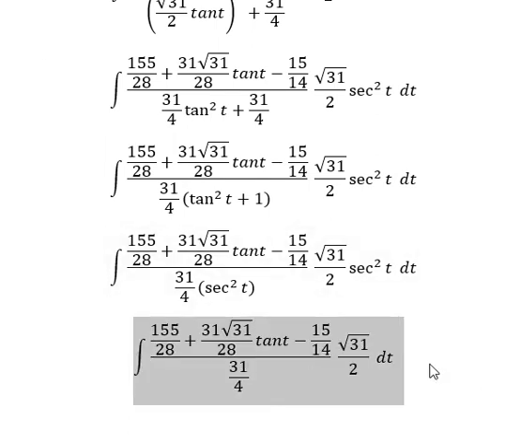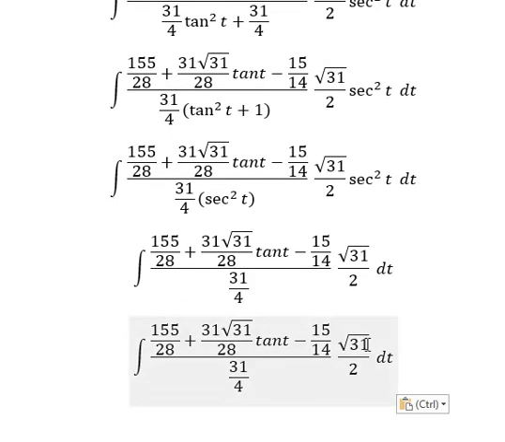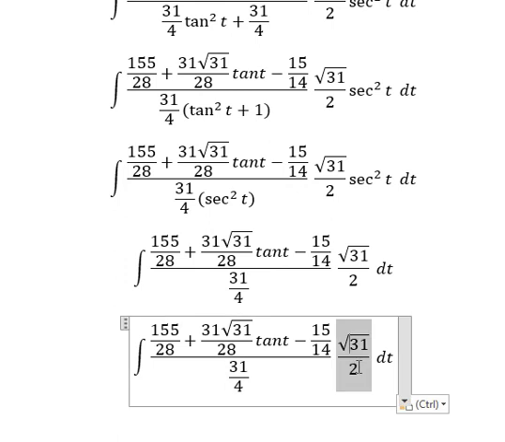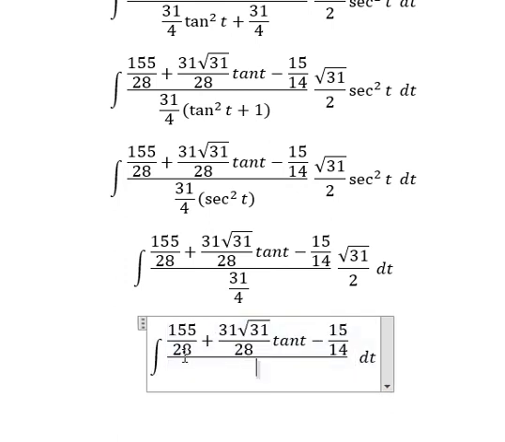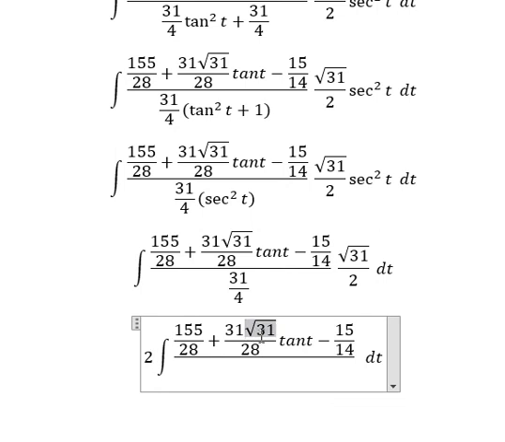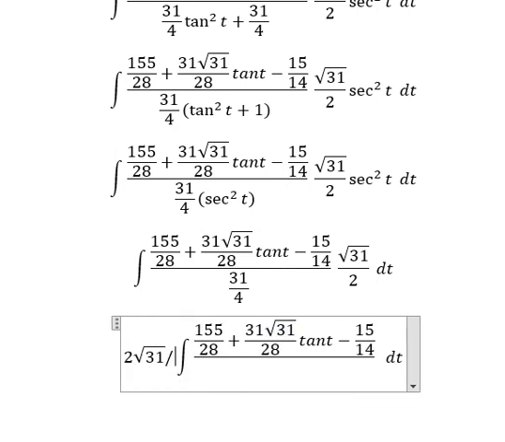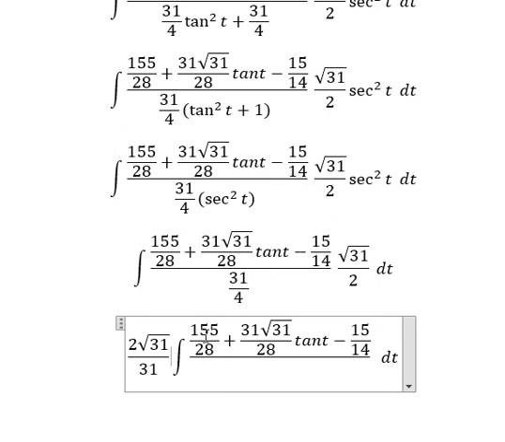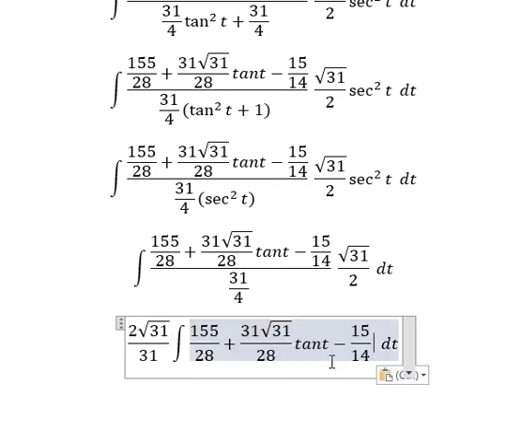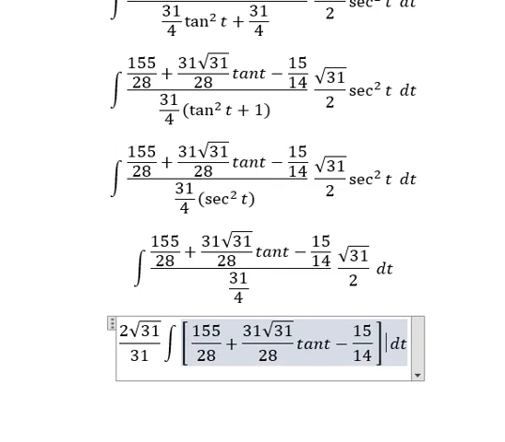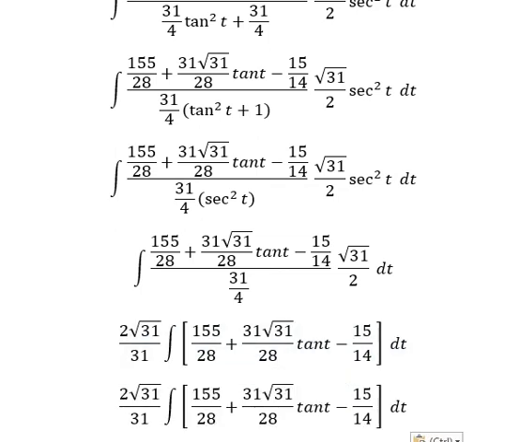So for this one, I will put this one and this one go outside, and we have number 2 with the square root 31 over 31. So this one minus this one, we have 125 over 28.